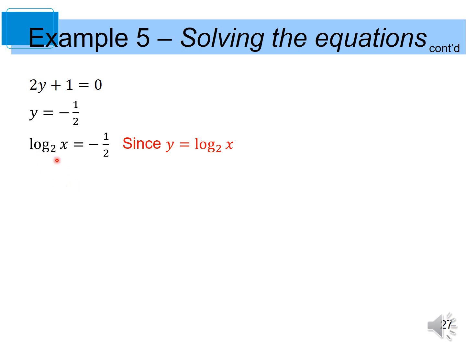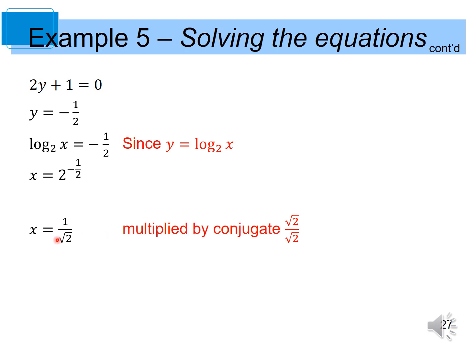This is a log function to the base 2, so we apply the exponential function to the base 2. So on the left side, no more log function, and on the right side, we have exponential form. The base is 2, and you can rewrite your answer in reciprocal form because the power here is negative, and we have 1 over radical 2.